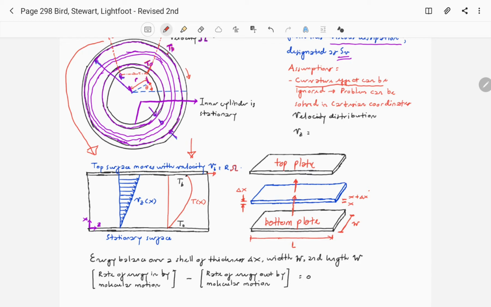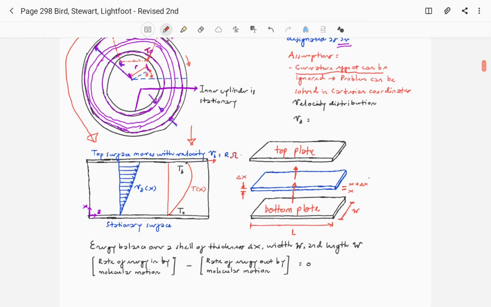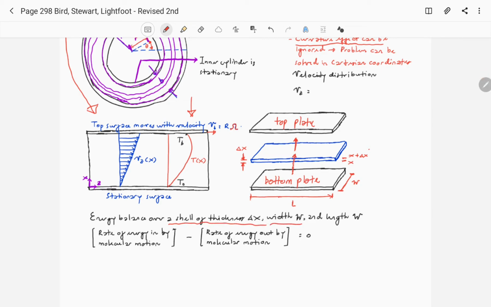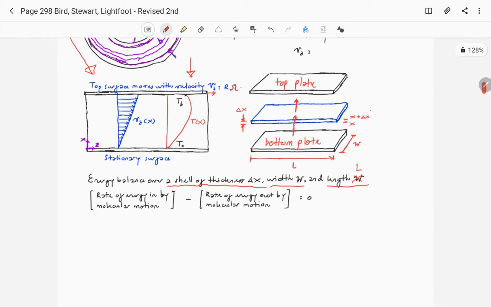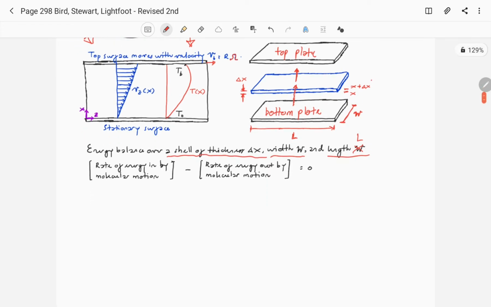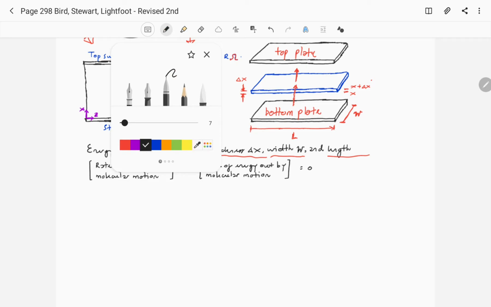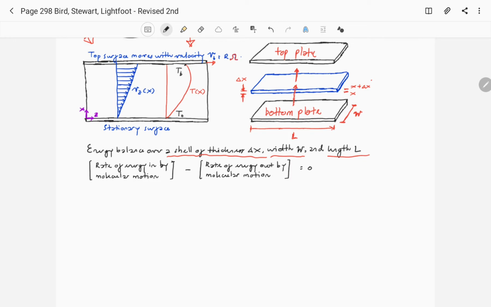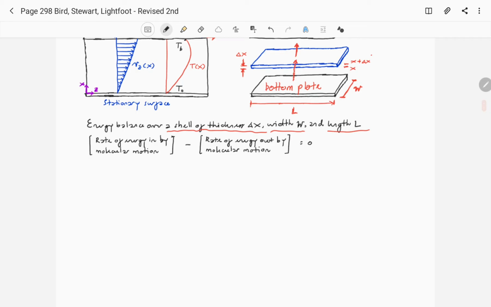Then we can check the system. We take the system as a shell of thickness delta x, width W, and length L. Sorry, this one is a mistake; this is supposed to be L. As written here, the length is L and the width is W. Then we come to the simple terms of in minus out: in is W multiplied by L multiplied by e_x evaluated at x, minus W L e_x evaluated at x plus delta x, where x refers to the direction of the heat and e is the combined energy flux vector.